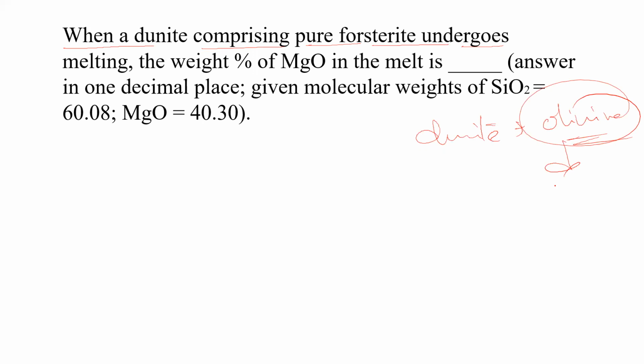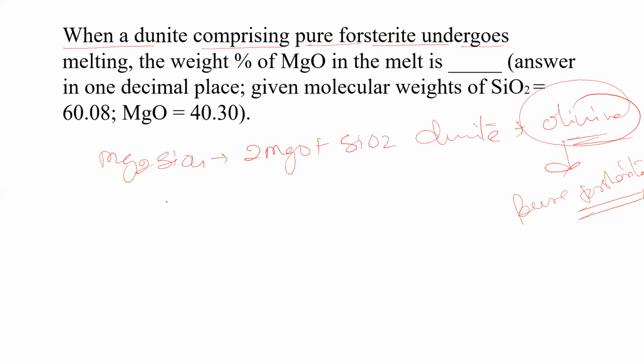So the olivine is composed of pure forsterite, mainly Mg2SiO4, which will be divided into 2 MgO plus SiO2. So 2 moles of MgO are forming from 1 mole of forsterite, and 1 mole of SiO2.